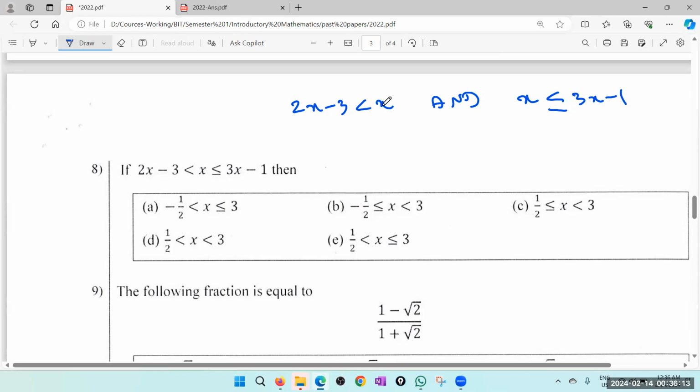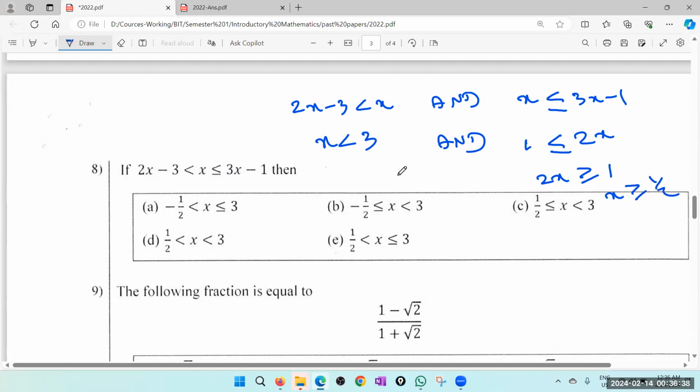So for this one I will take x here and 3 to the other side. 2x minus x is x, less than 3. And I'll take x to the other side, then take this minus 1 here. That is 1 less than or equal to 3x minus 1 is 2x. So that means 2x must be greater than or equal to 1. That is x must be greater than or equal to half.